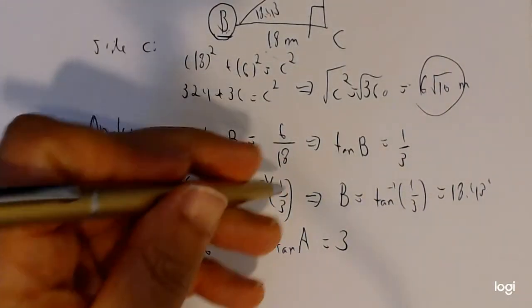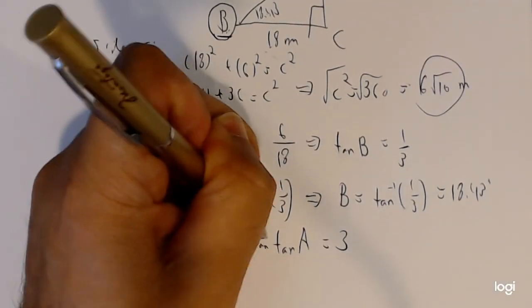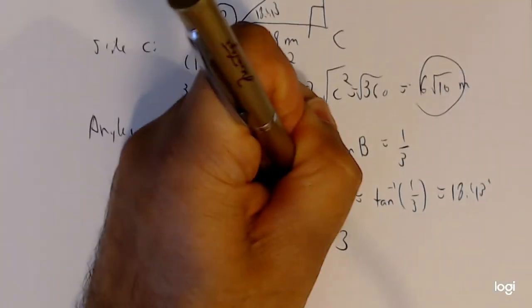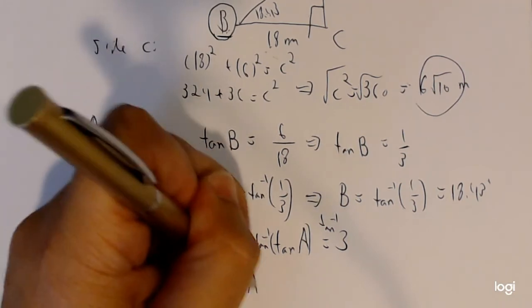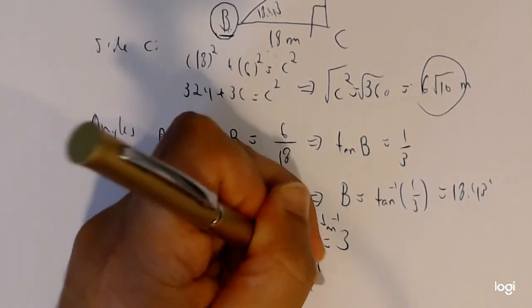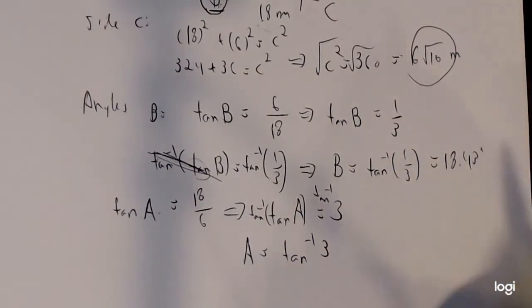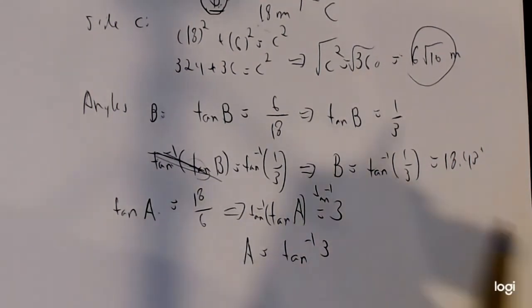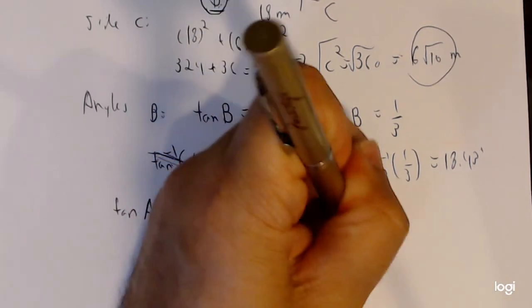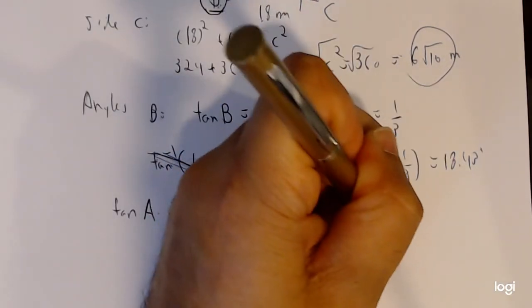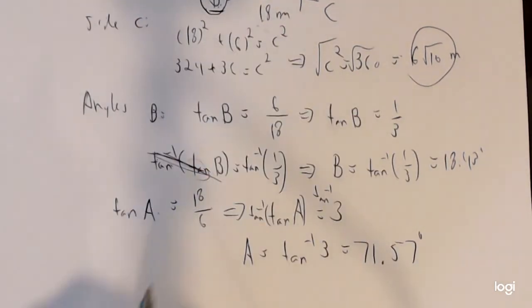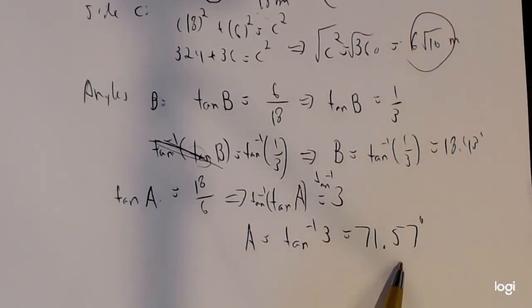To undo the tangent, I'm going to take the tangent inverse of both sides, which gives me A equals tangent inverse of 3. And then if I use my calculator, I get 71.57 degrees.